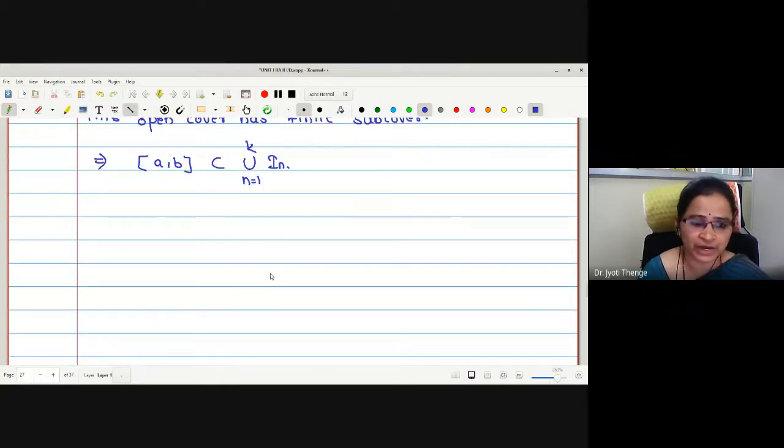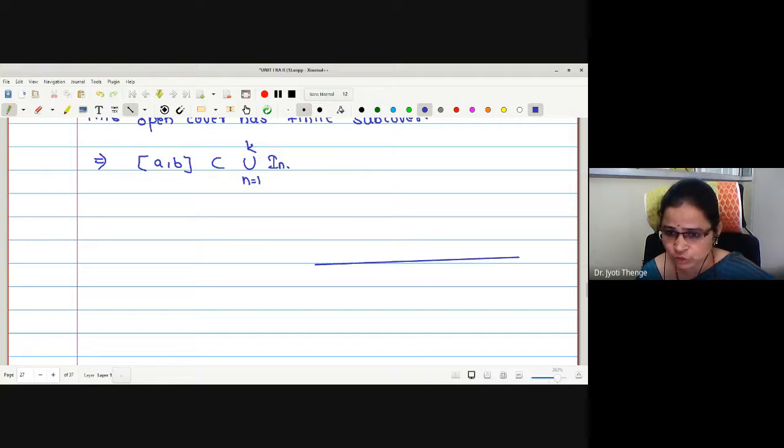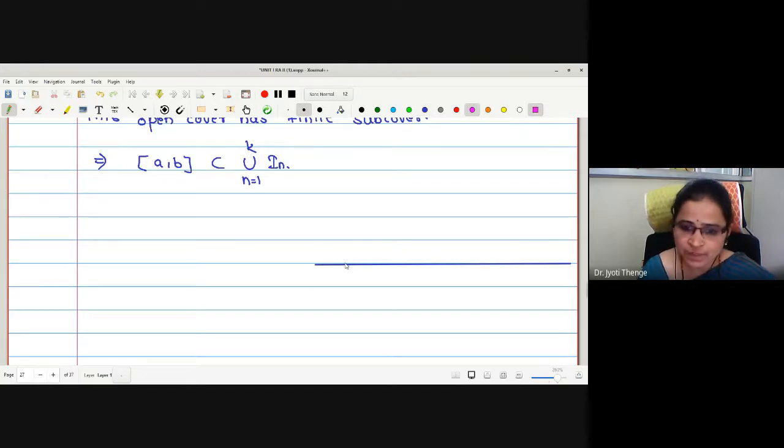Now, what job were we going to do? We were going to find the subcovers in a specific way. What the specific way is, let me show you. Suppose this is my closed interval [a, b]. Our aim is to find a finite open cover, rather a subcover, right?